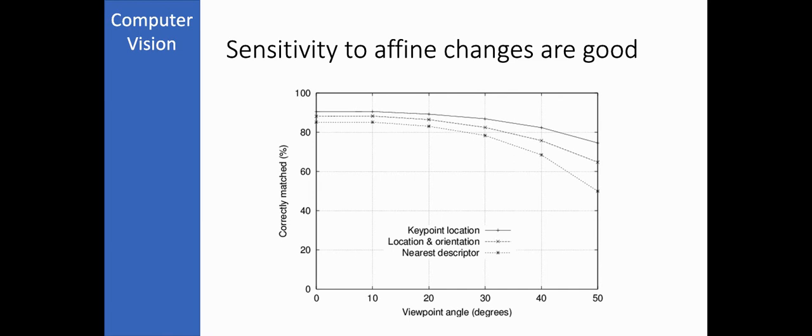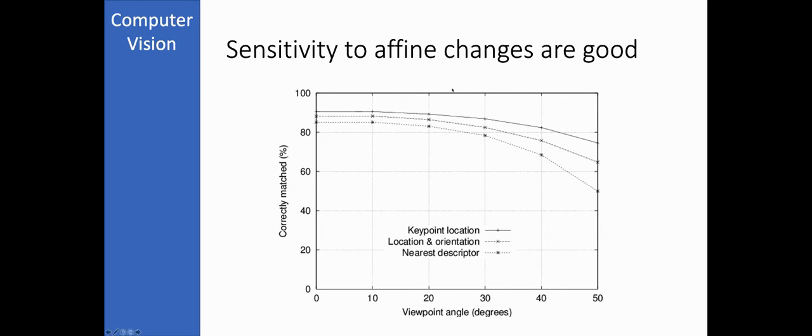The interesting thing about SIFT is that it's designed to be invariant to similarity transformations, but it ends up being invariant to affine transformations to some extent as well. In the experiment here, we take an image and simply change its viewpoint, so really create an affine transformation in a sense. And then we look at whether the SIFT descriptors are able to match corresponding locations between images.